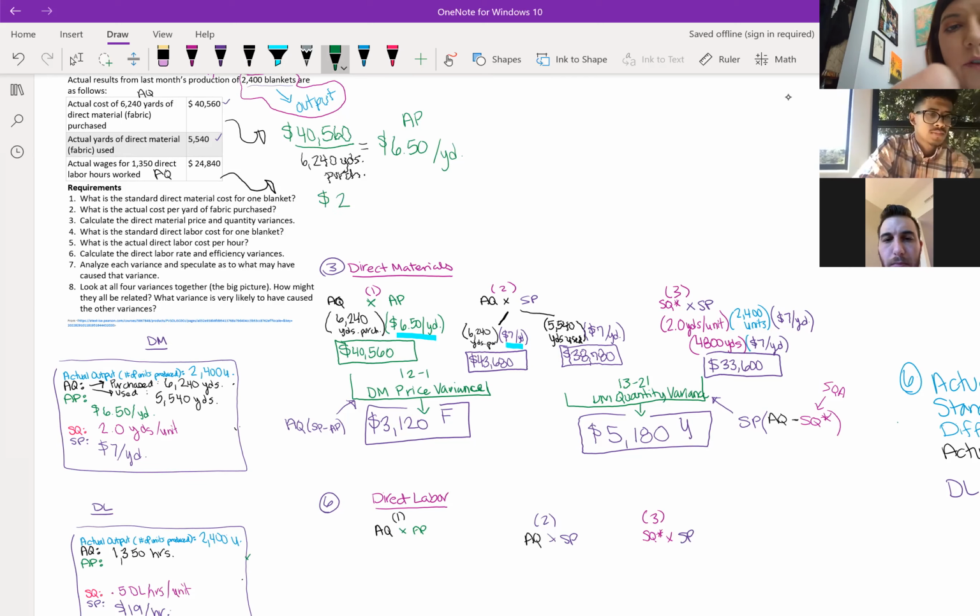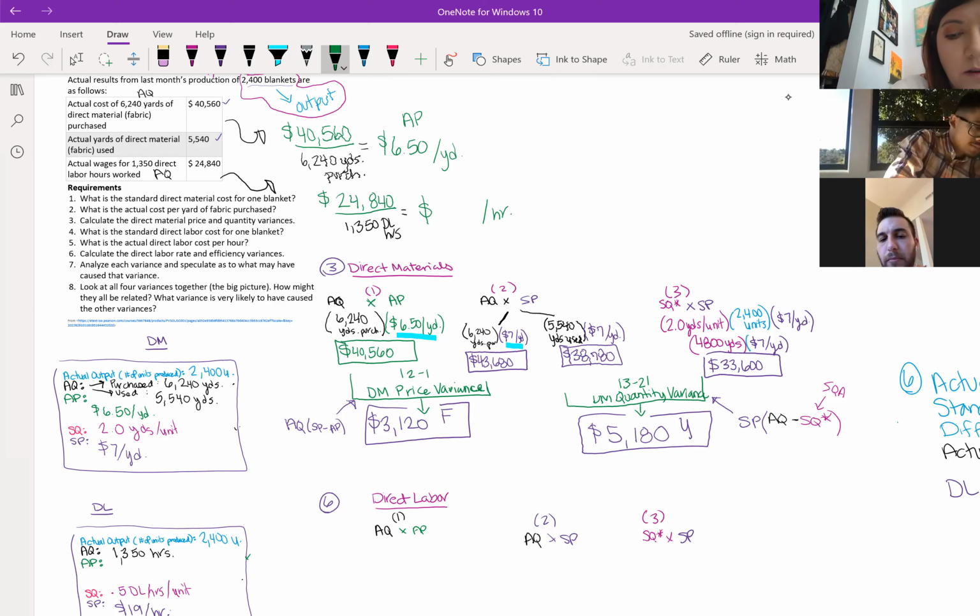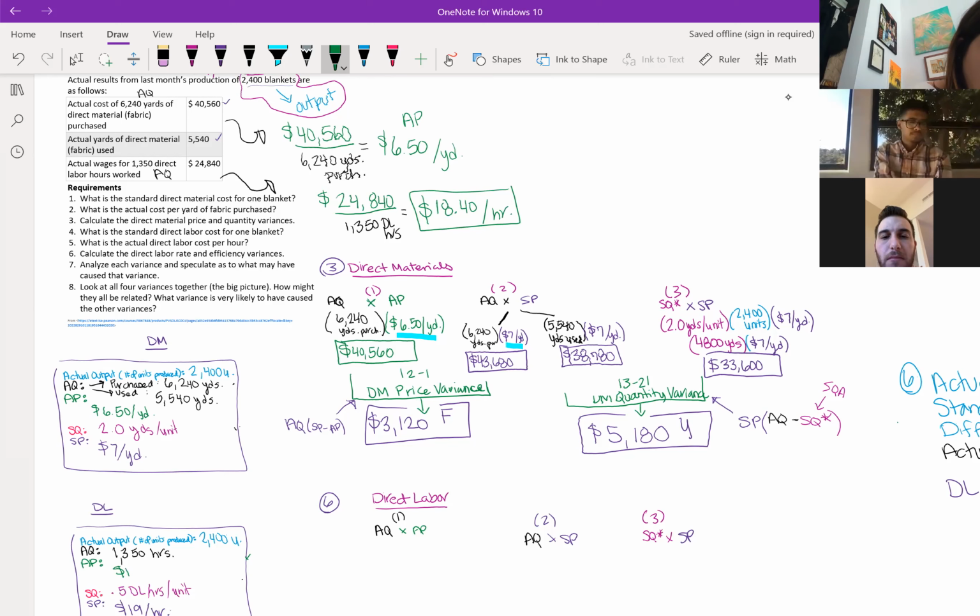Obviously, we didn't pay 24,000 per hour. So we take 24,840, how much we actually paid for labor, divided by 1,350 direct labor hours, to calculate our actual price paid per hour, which is $18.40 per hour.